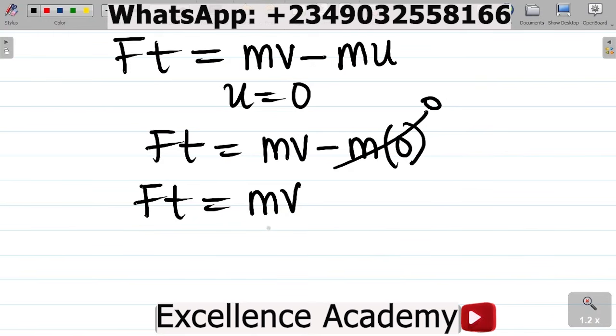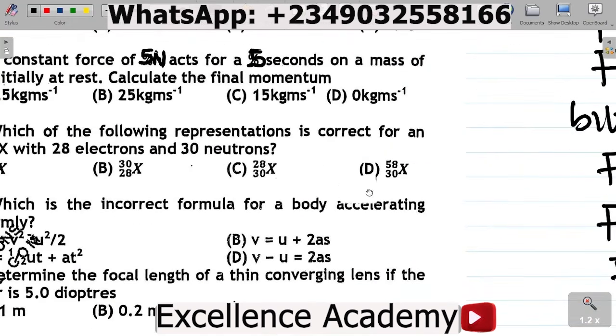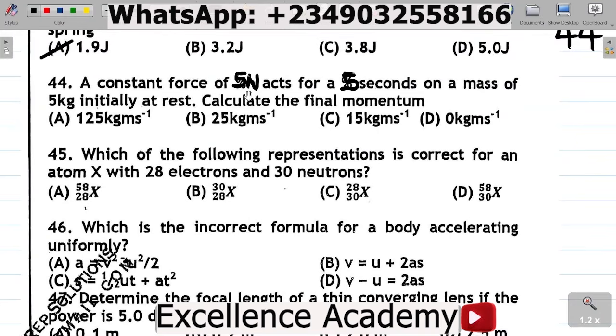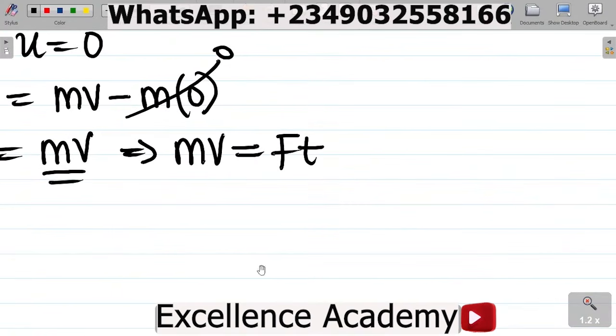We are asked to find this value. In essence, this value, that's final momentum, is simply equal to force times time. What's the value of force? What's time? Looking at this, force is 5 Newton, right? The force there is 5 Newton, the time is 5 seconds. So if you multiply this, this is equal to force 5 Newton times time 5 seconds, and that's equal to what there? 25.